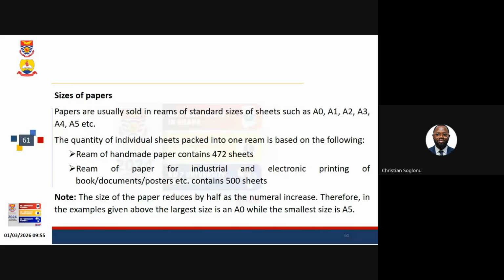Twice of A2 will be equal to A1. Then A1 is made up of 2 A2, and 2 A3 will be 1 A2. And 2 A4 will be A3, and it goes down to 2 A5 will be 1 A4. So that is what is being said, that A0 is the biggest size as it follows, like A1, A2, A3, A4, and A5.